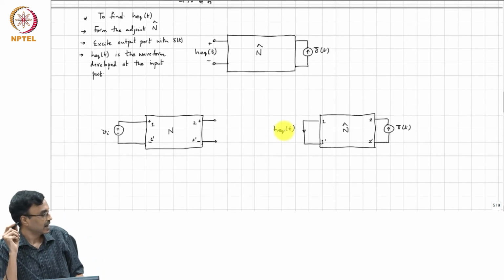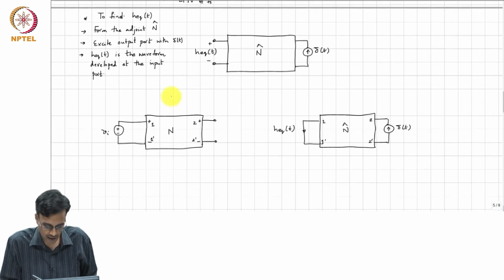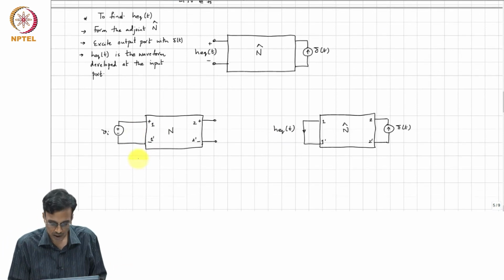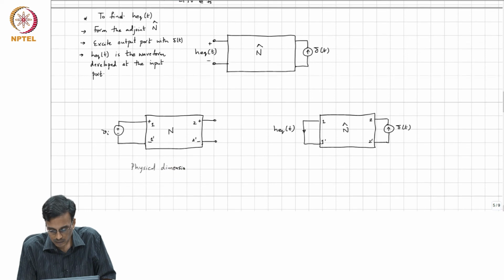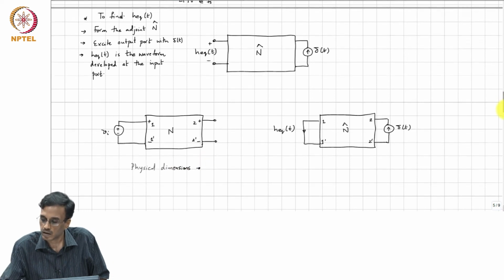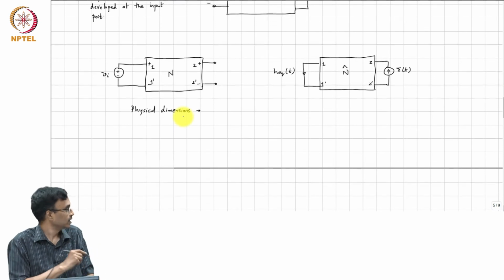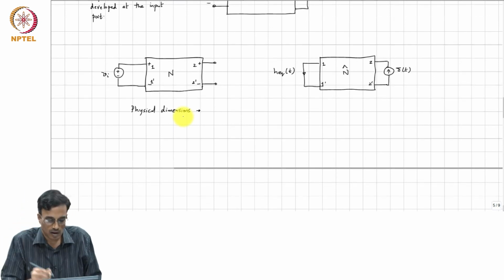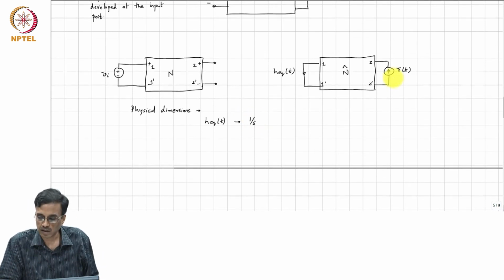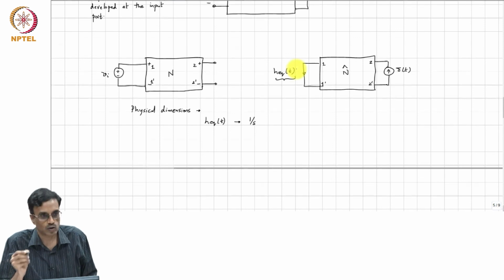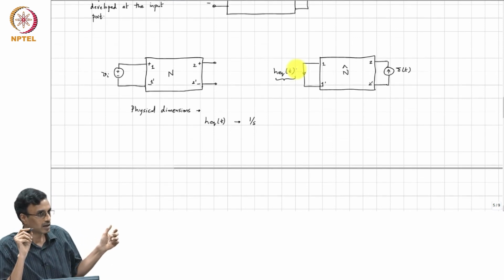Remember that the h equivalent of t in this case, where you have a voltage input, voltage output, has physical dimensions, and we have discussed this already in connection with impulse response long ago. The physical dimensions of h equivalent of t are 1 by second, but this is actually a current which is being developed.